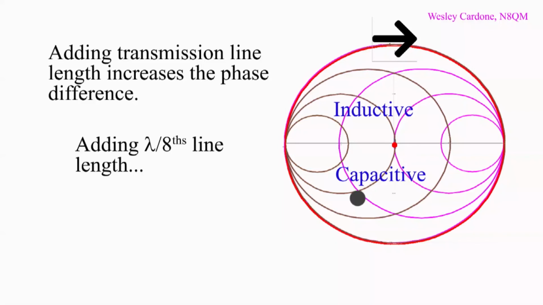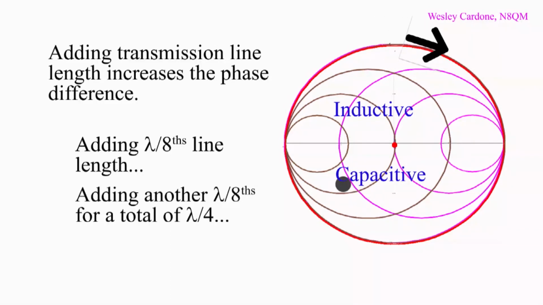As you add coax length, the vector impedance point changes, but in changing, its distance from home plate remains constant. The vector impedance circles home plate.